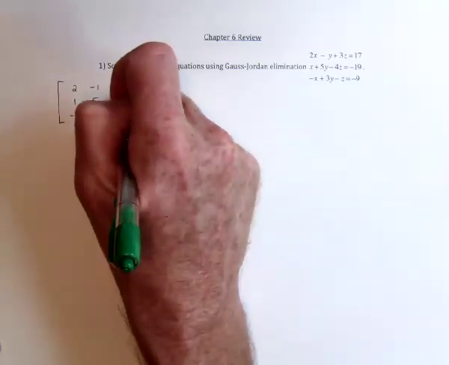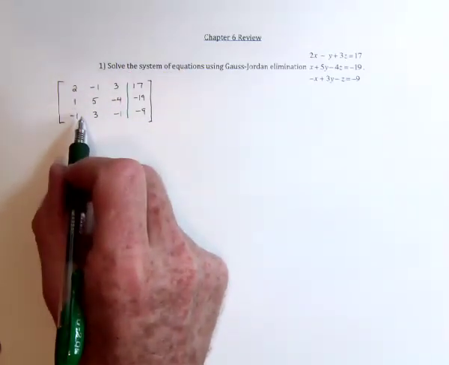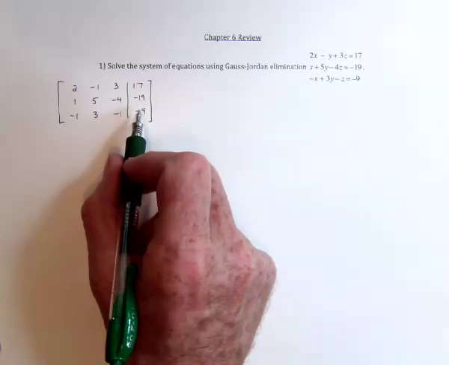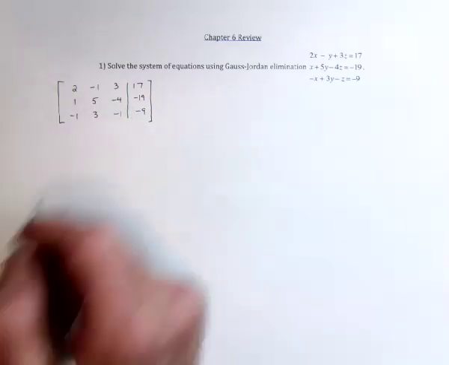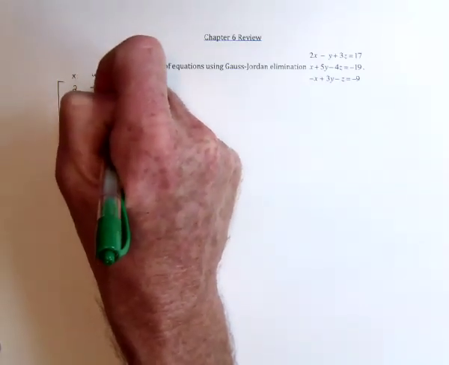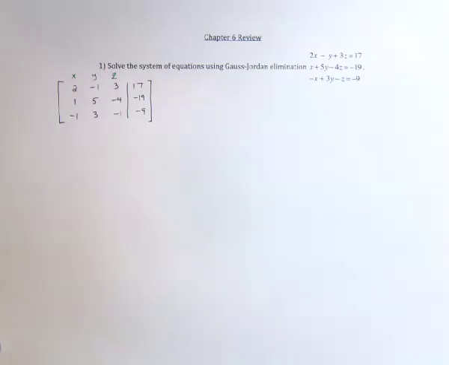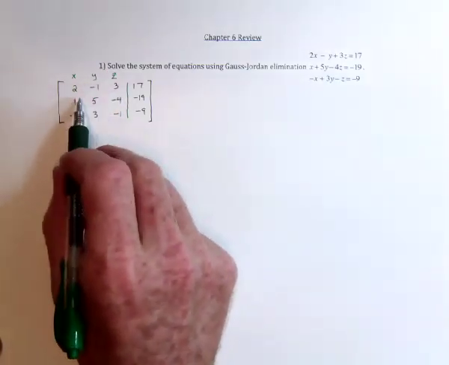Sometimes people put a line here to separate that this comes from the coefficients of x, y, and z, and here are the constants. You don't really need to put it, but if you see it, that's what it means. So this column represents the x information, this is the y, and this is the z. And the goal is to get as many ones and zeros in here as possible.